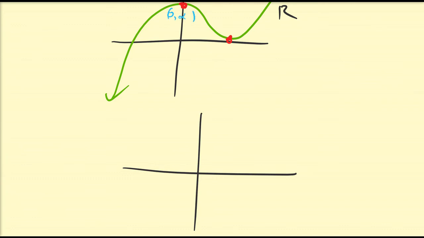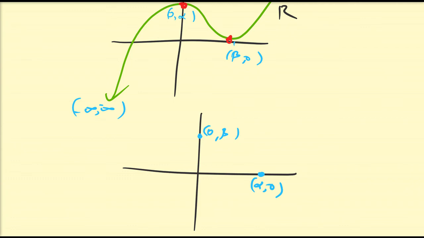That means alpha comma 0 is going to be a point on the curve. And let's call this point, say, beta comma 0. So that means 0 comma beta is going to be on the curve. So this is 0 comma beta, and alpha comma 0 is going to be over here. And we have minus infinity over here, and positive infinity over there.